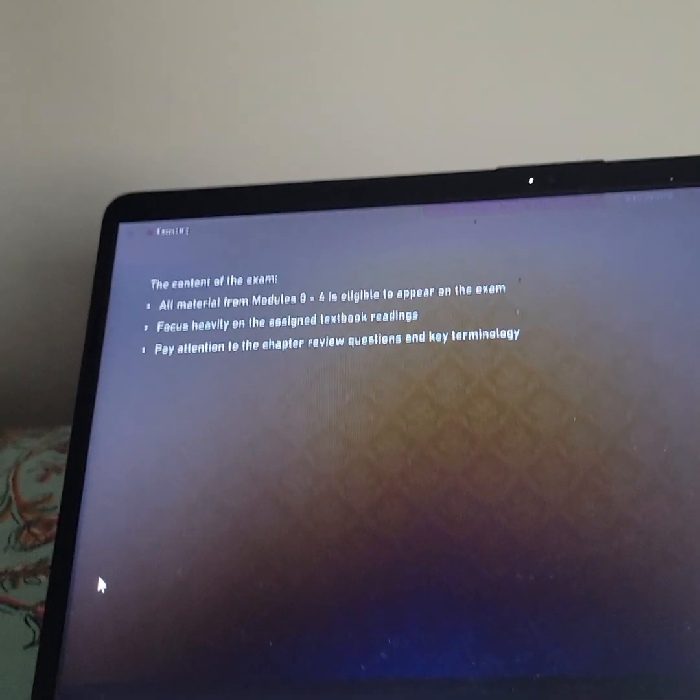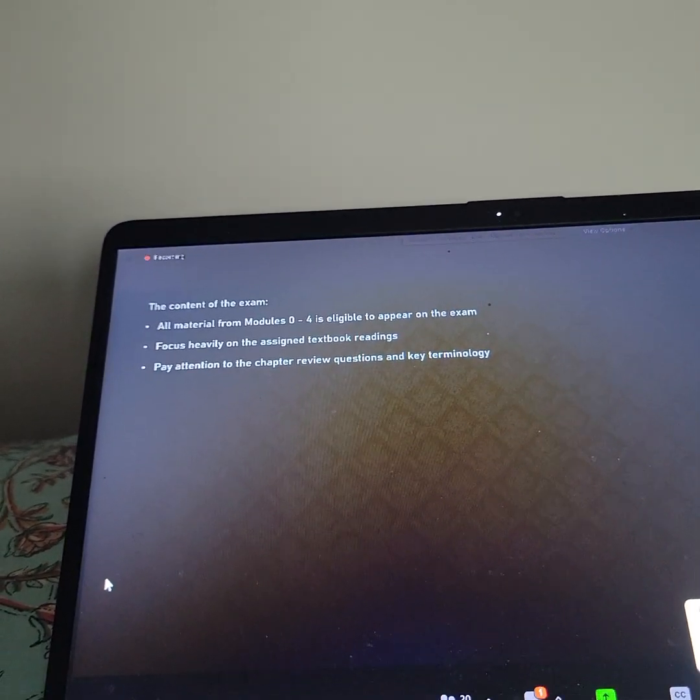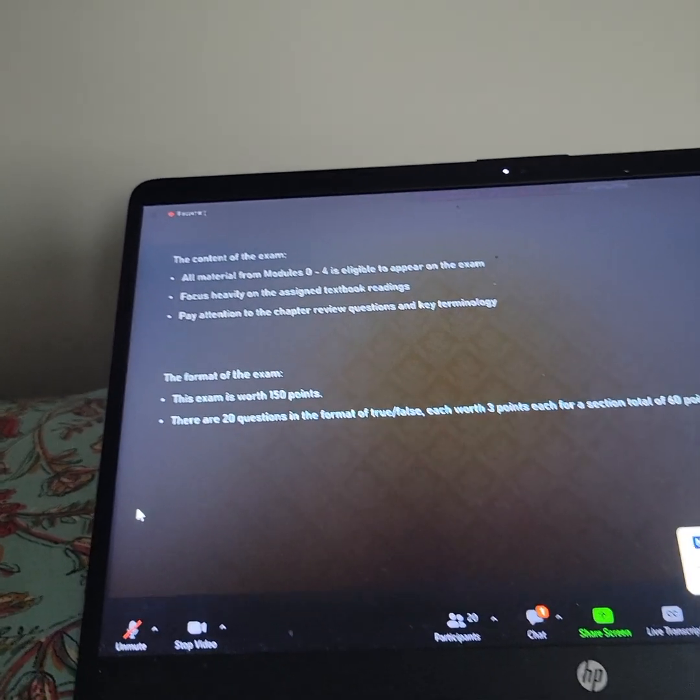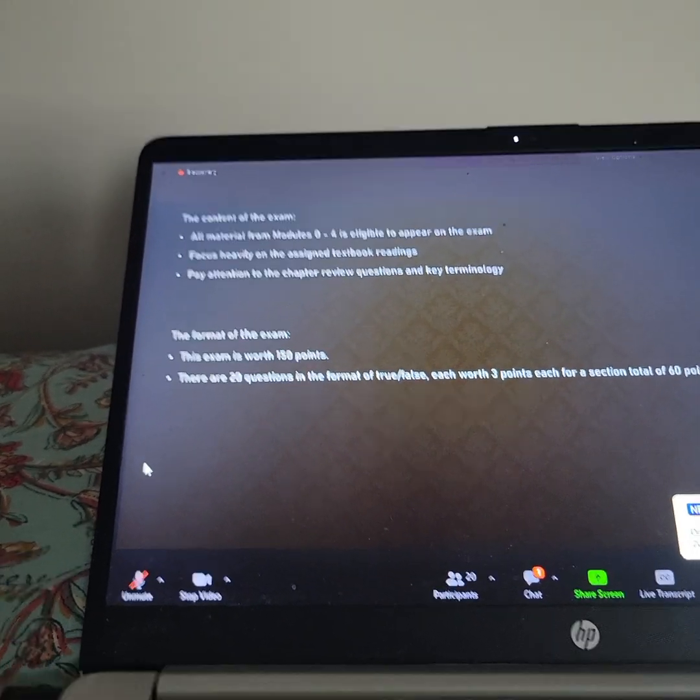So really pay attention to the review questions and the key terminology. The exams are worth 150 points: 20 true or false, 20 multiple choice, and then I also do 10 matching terms or short answers, depending on how I feel that day. But usually this is the format and how it breaks down.